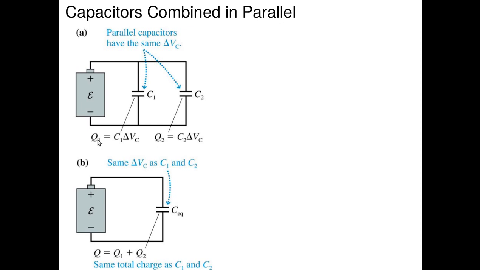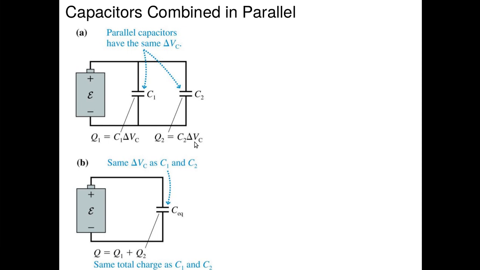What that means is the total charge on these two capacitors is the sum of the individual charges on these two capacitors, right? So they have their own unique charge, Q1 and Q2, but they have the same potential difference across them. So we're looking for an expression for the equivalent capacitance, knowing that for two capacitors in parallel, the sum of their charges is equal to the total charge, and they share the same potential.